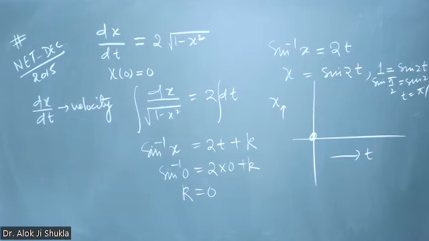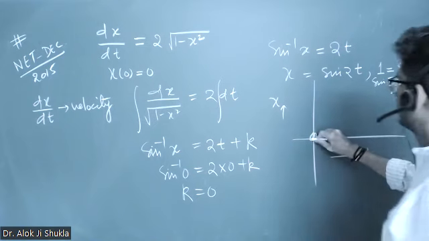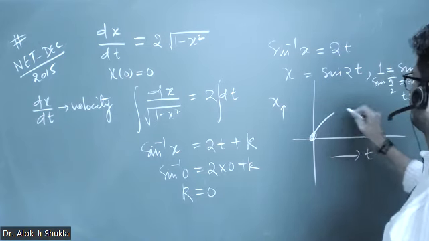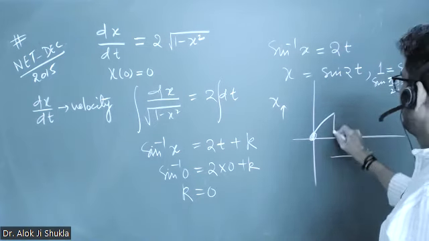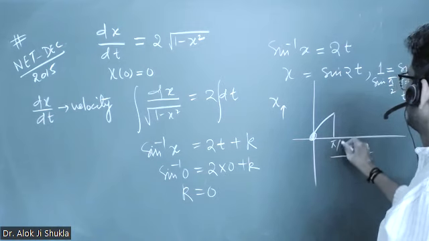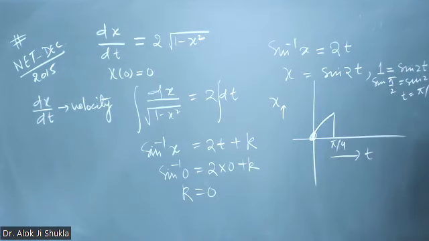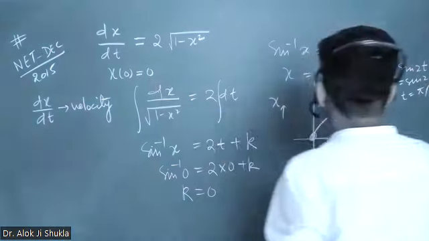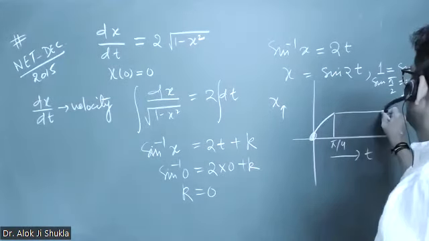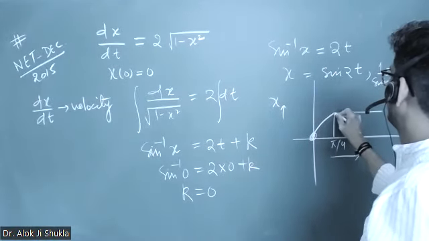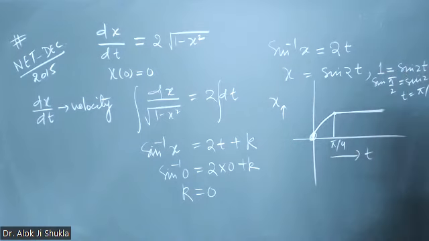So sine will start, it will take the value pi by 4 in time, so that x will become 1. And after this, velocity will become 0. So it will be a constant value after this, because dx by dt will become 0. So x will be at the same point.